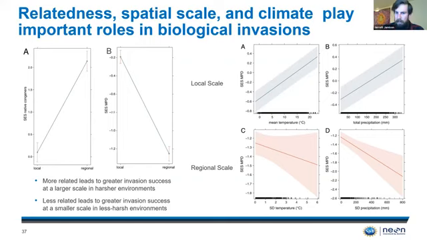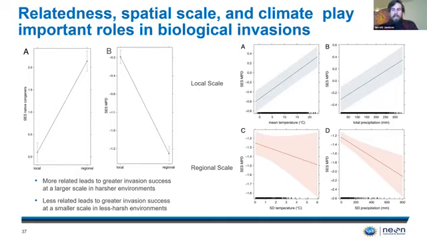Whereas at regional scales, boxes C and D, the mean phylogenetic distance decreased in response to increasing climatic variation. So we see relatedness increasing with increasing climatic variation. Drier, colder environments that vary more are more harsh and support fewer species, leading to less competition.